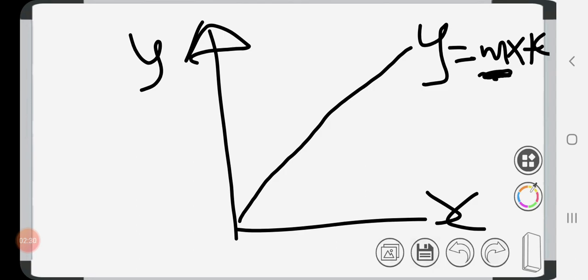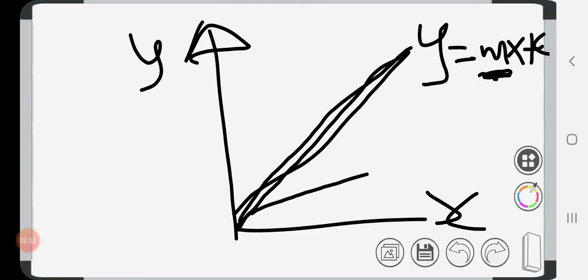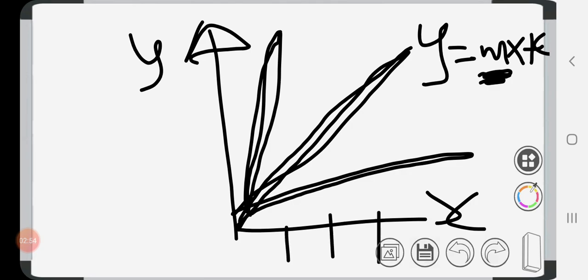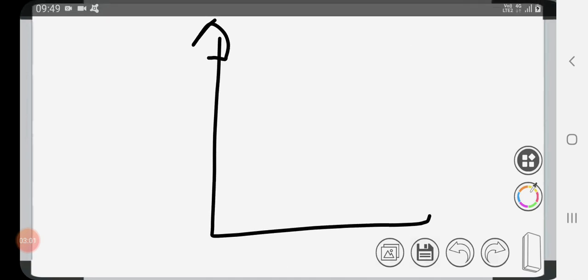M in this particular case would determine whether this line goes right at the beginning here, in the middle here, or it's flat like that, or it's steep like this. This number m is the slope. It tells you how flat or how steep the line is, which also tells you the relationship between y and x.